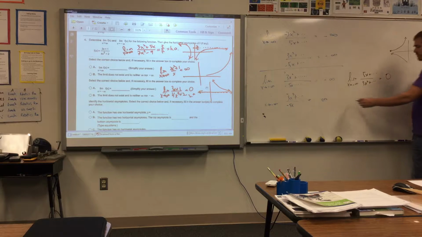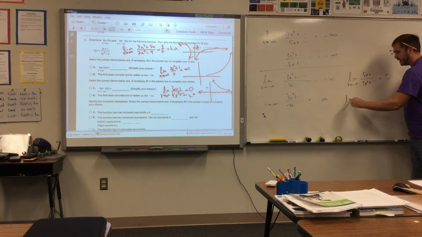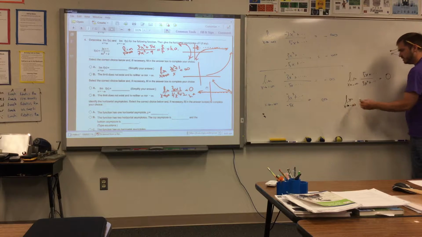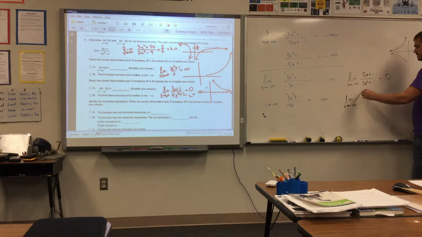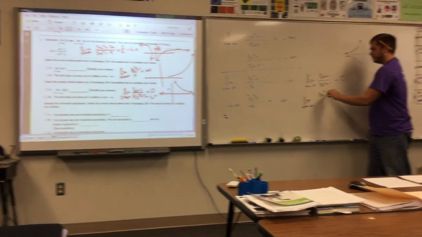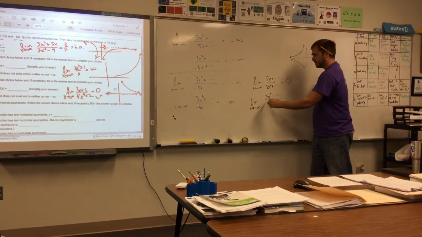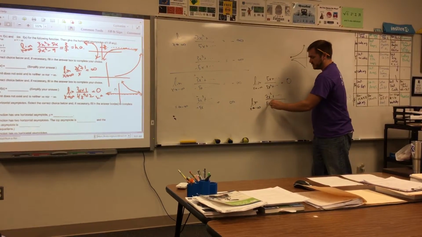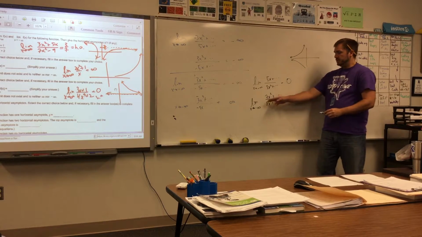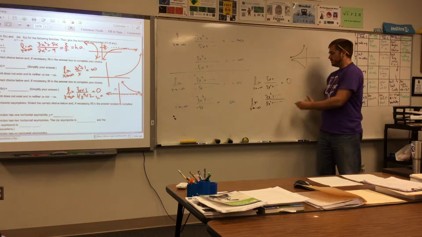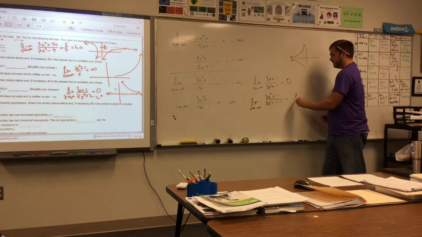The only one that might be a little tricky is when you have that tie situation, where you've got 7x squared plus blah blah over 8x squared plus blah blah. You can see that it's a tie, so we know that it's going to be 7 over 8.